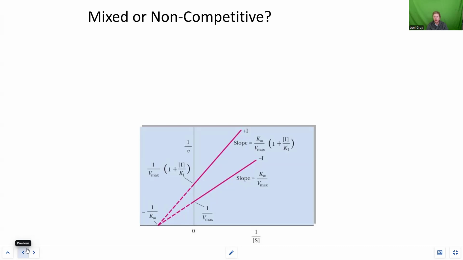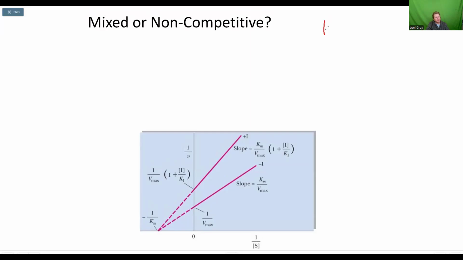Wonderful. So you can take a couple of different approaches to looking at and evaluating an inhibition plot. You can look at, let's say, our two lines intersect on the y-axis. What type of inhibitor is that?